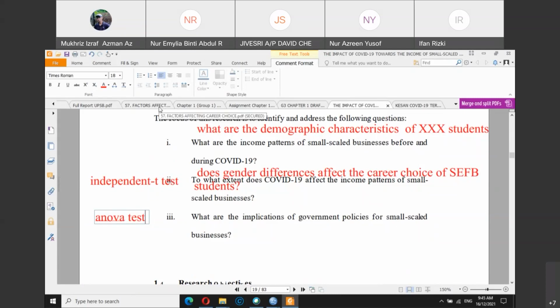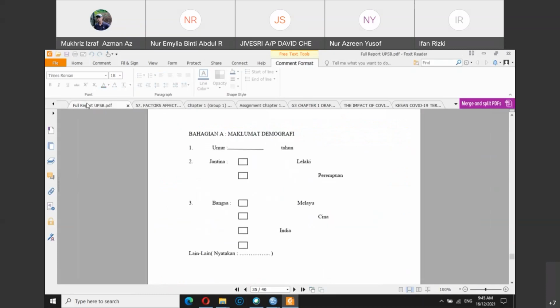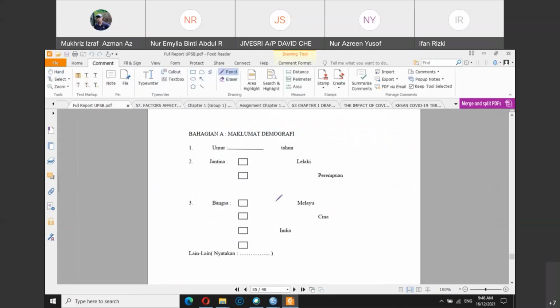For example, in this particular project, one of the easiest ways is to analyze according to race, for example Malay, Chinese, Indian and others, because with race you will have 3 or more groups.